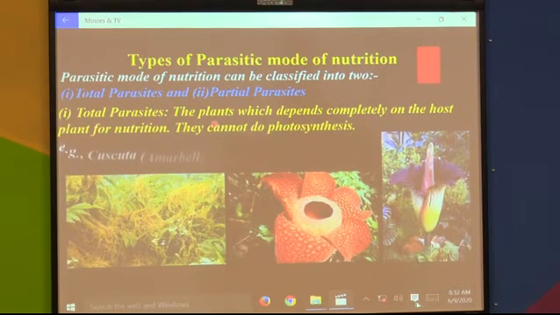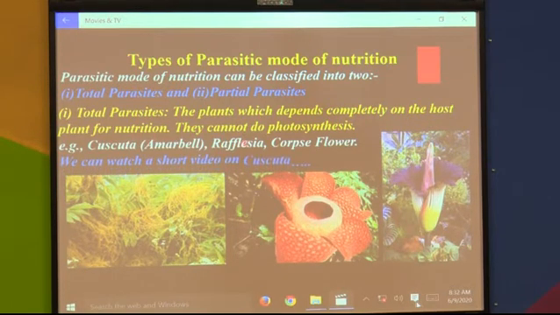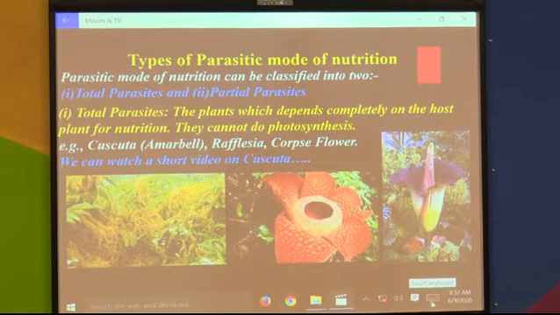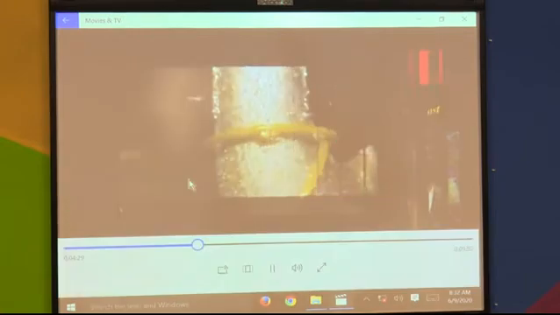First, total parasites. The plants which depend completely on the host plant for nutrition, and cannot do photosynthesis, are called total parasites. For example, Cuscuta, here you can see, then second Rafflesia, and third the corpse flower. Okay. Then we can watch a short video on Cuscuta.